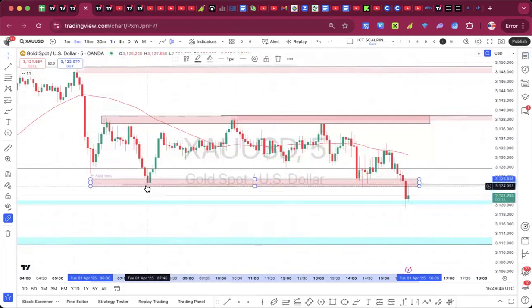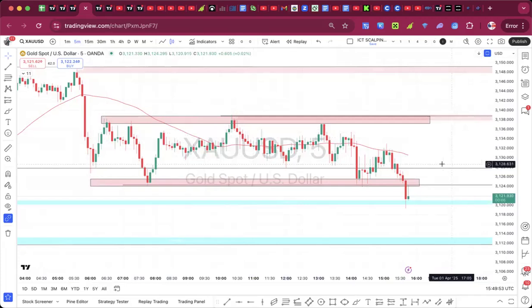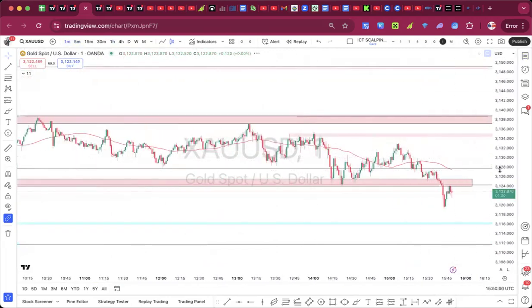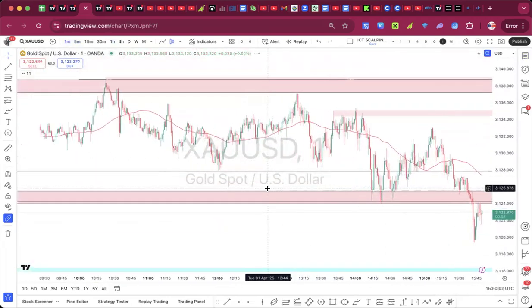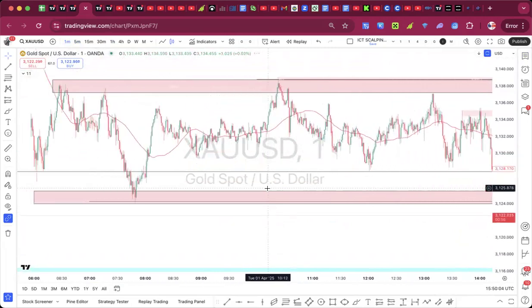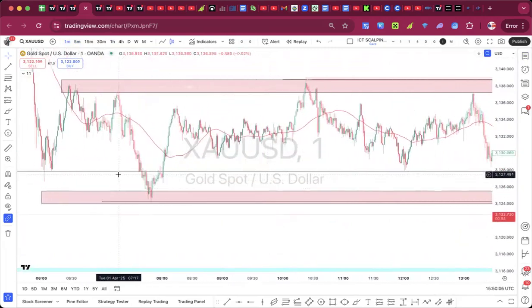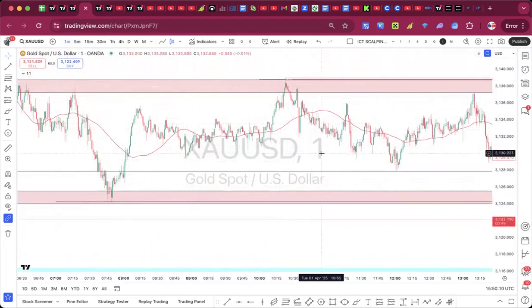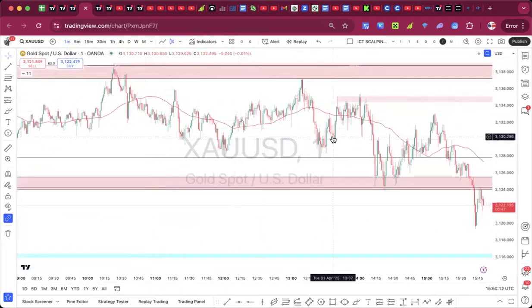The market continued to range in between these points. Sometimes, to even find an entry on time, I go to as low as 1 minute. You know, gold has a very big volume. So go back to as low as 1 minute, and you can see that we have been looking and getting good entries over and over again.